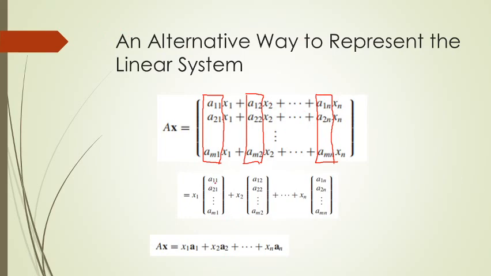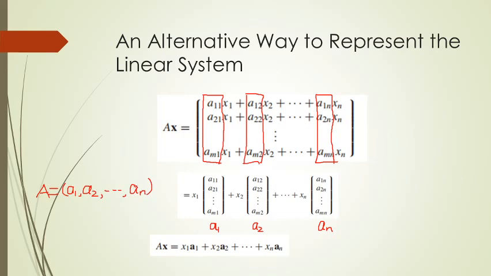Now, what does this one mean in the matrix A? This is the column vector, right? The first column vector in matrix A. This is the second column vector. This is the nth column vector. We can write the matrix A as the first column vector, second column vector, and the nth column vector this way, right?